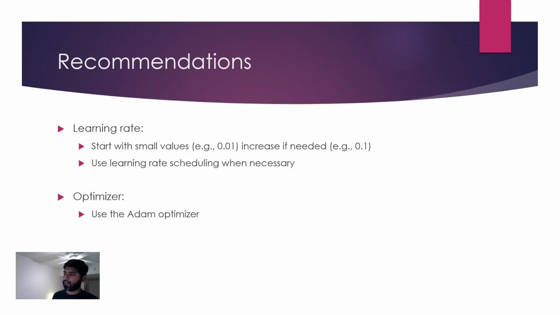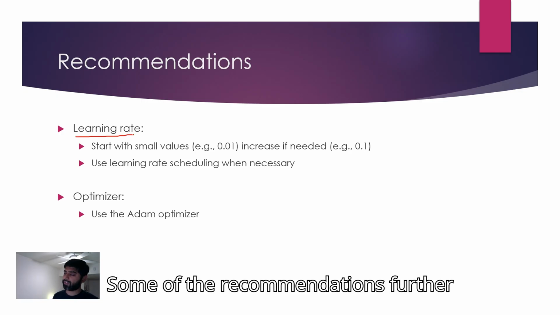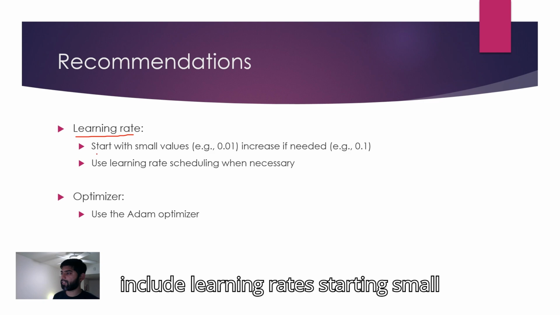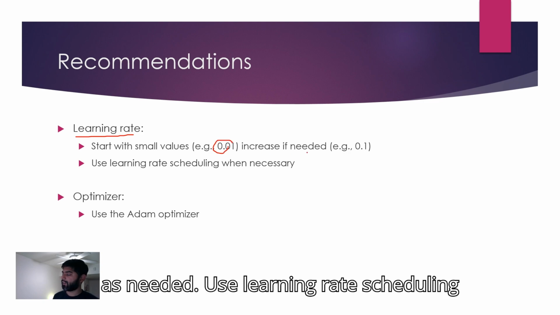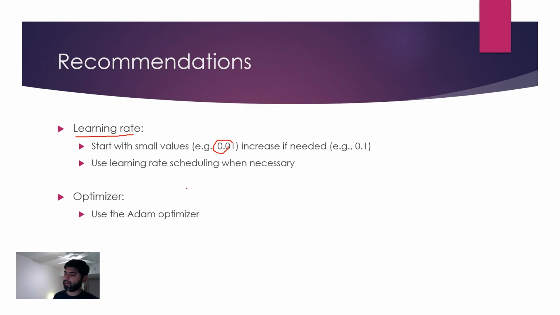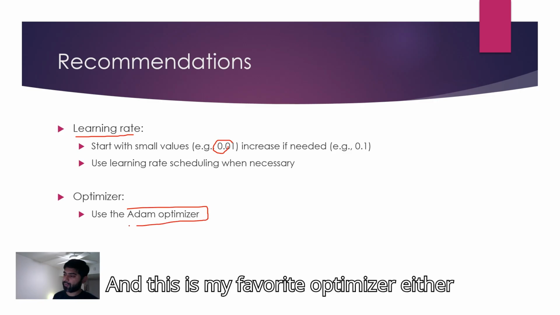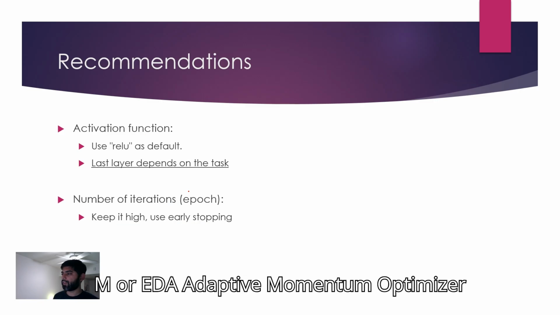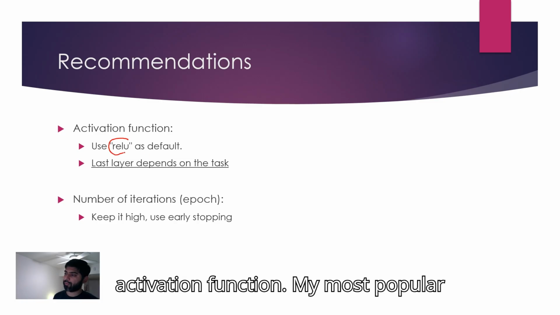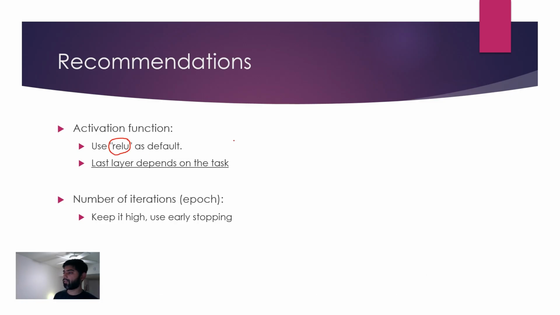All right. Some of the recommendations further include learning rates: start with small values like 0.01 and increase as needed. Use learning rate scheduling when necessary. And this is my favorite optimizer, Adam, or Adaptive Momentum optimizer. Activation function, my most popular activation function is ReLU.